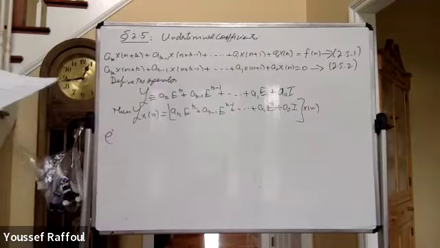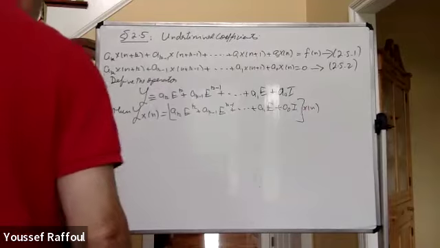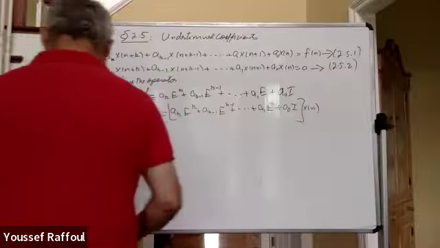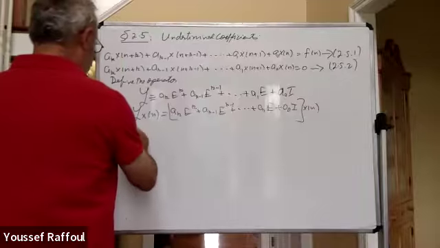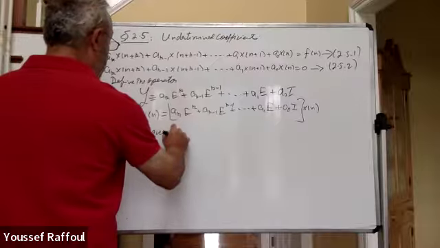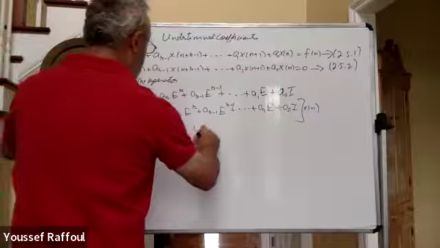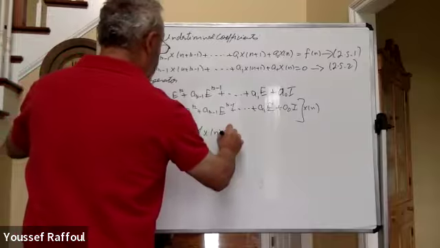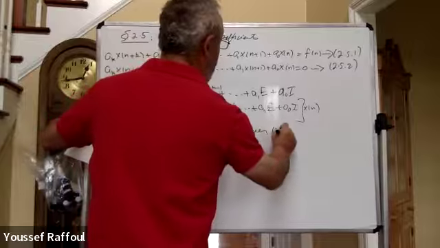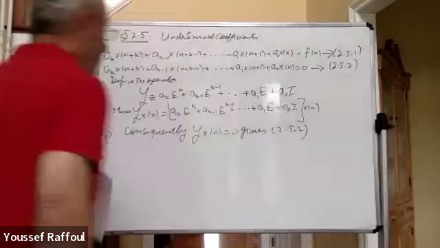And then consequently, L x_n equals 0 gives 2.5.2, right?